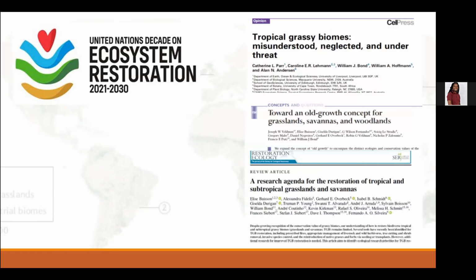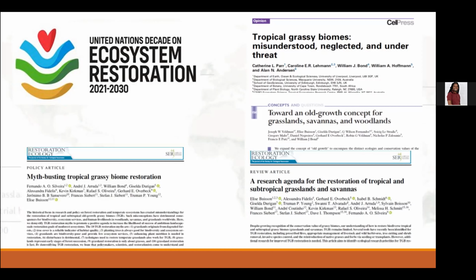And because of this, there's been a shift towards thinking about how to restore grassland ecosystems, because if we're moving away from thinking of grasslands as degraded and towards grasslands as being important providers of ecosystem services, then we have to change the way we think about how to restore them.